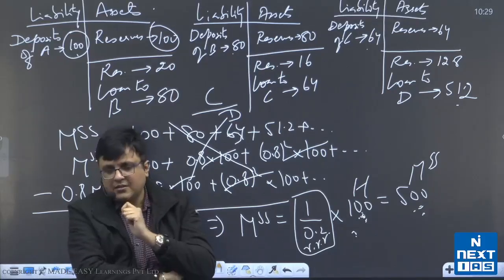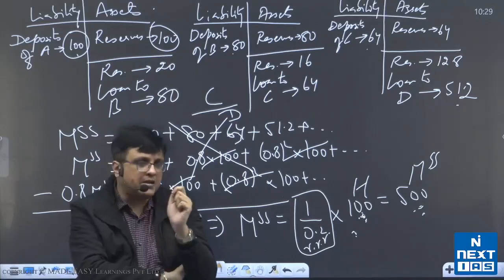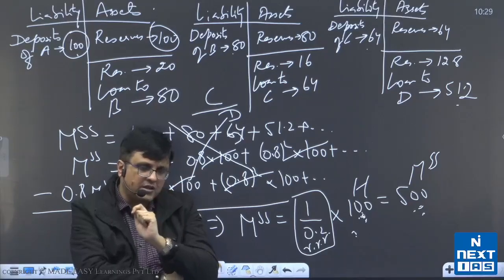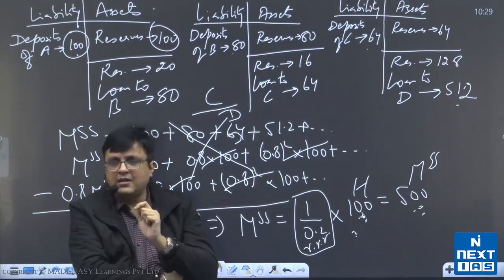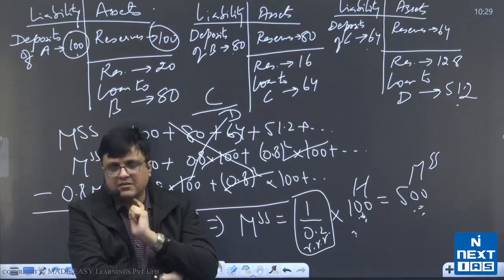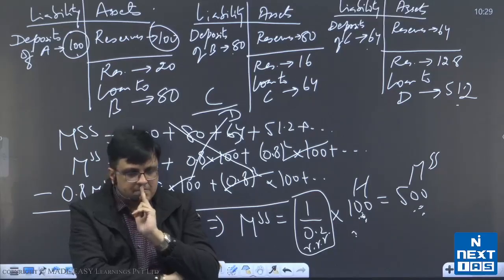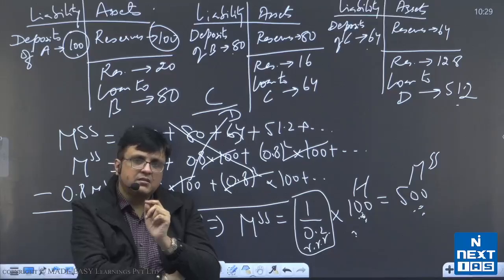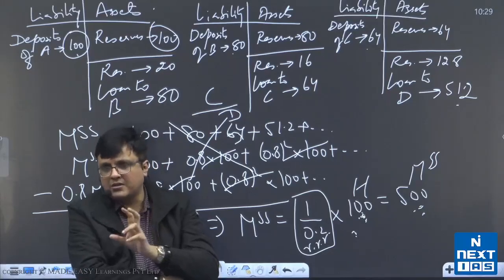Comma. Low capital adequacy ratio. In a bracket you write, less than 9%. And very high borrowings.